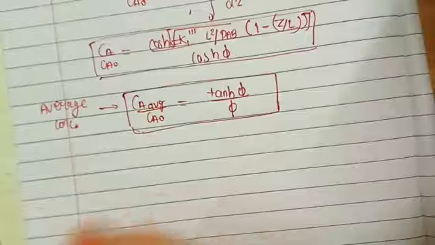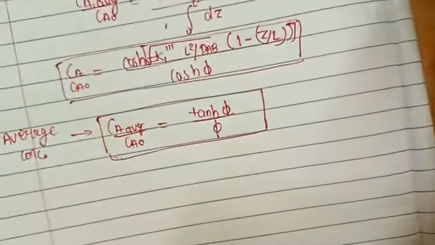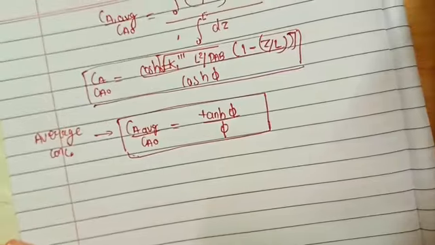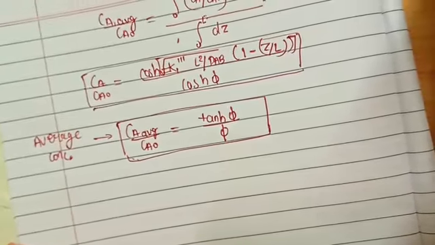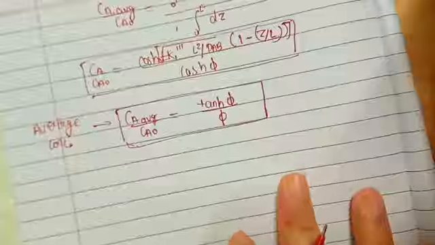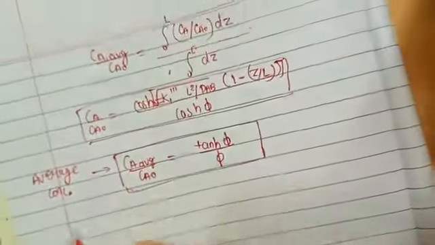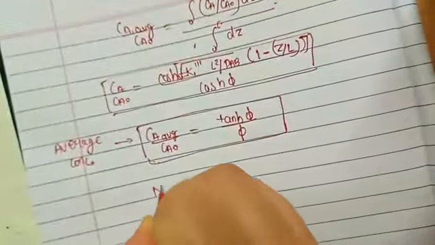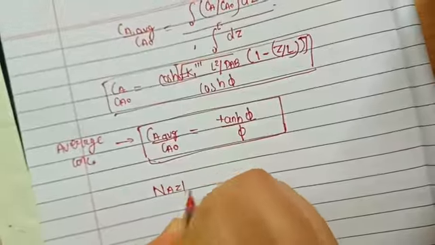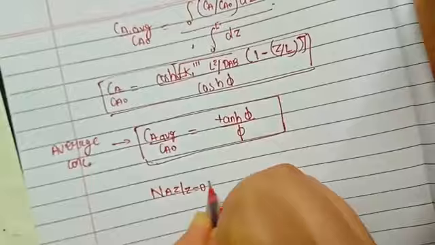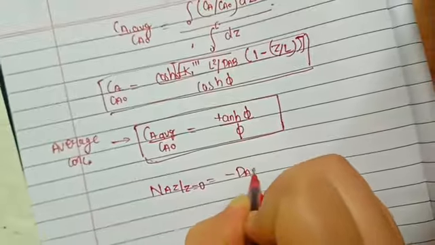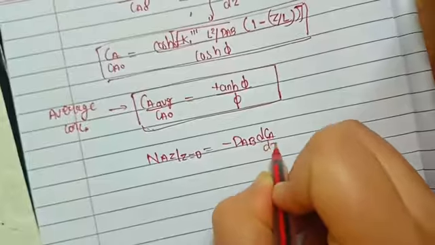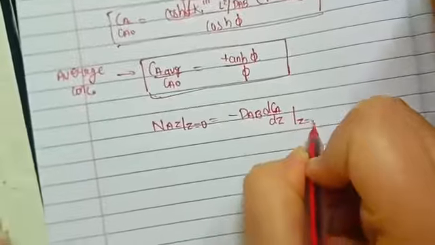Moving forward, we need to find the molar flux as well, because it was also included in the objective of our question. So to get the molar flux, we know NaZ at Z equals 0 is equal to minus dAB dCA by dZ at Z equals 0.